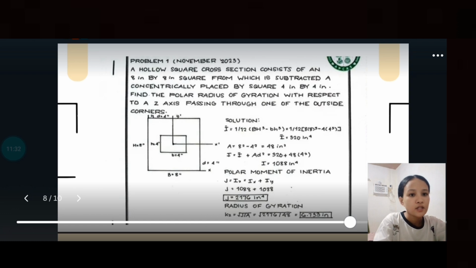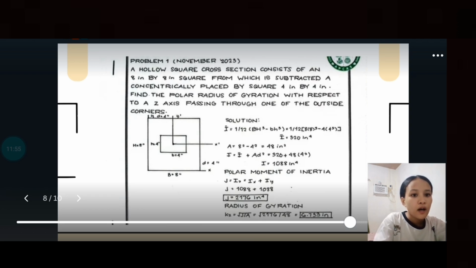Next is to get our area. So for area, we just need the given base and height. So area is equal to 8 squared minus 4 squared, which is equal to 48 square inches.